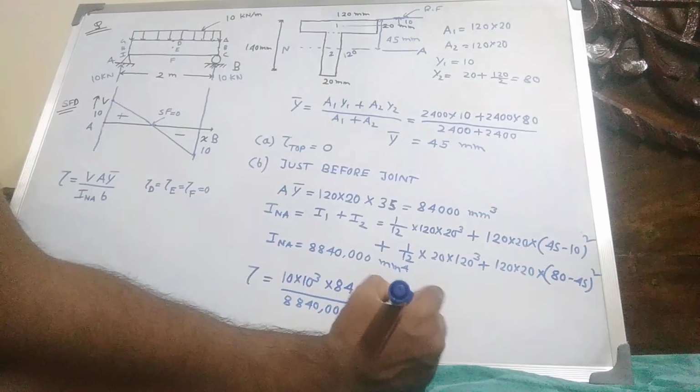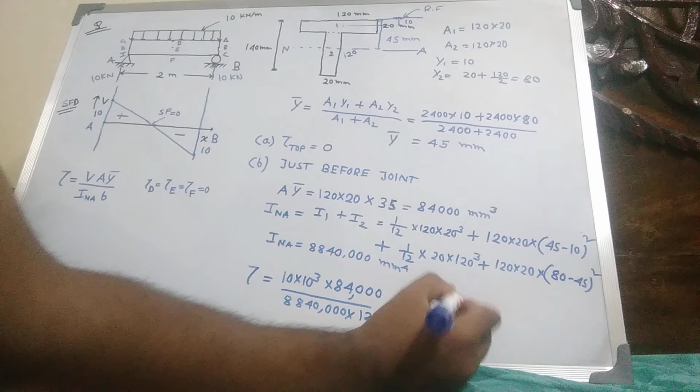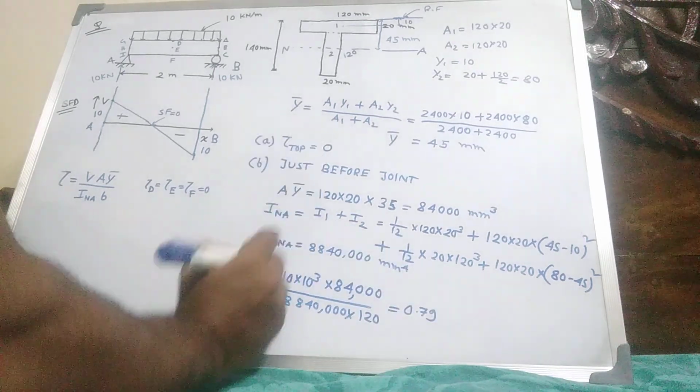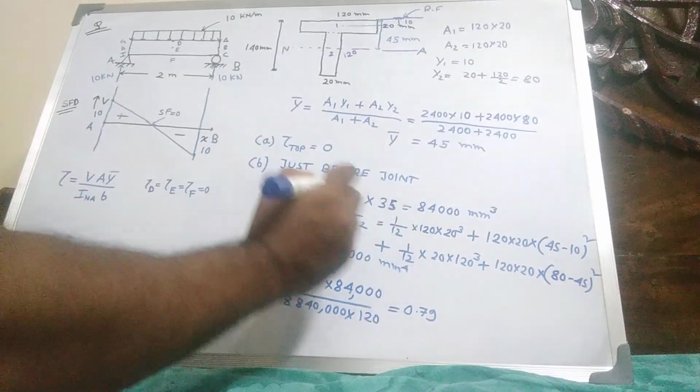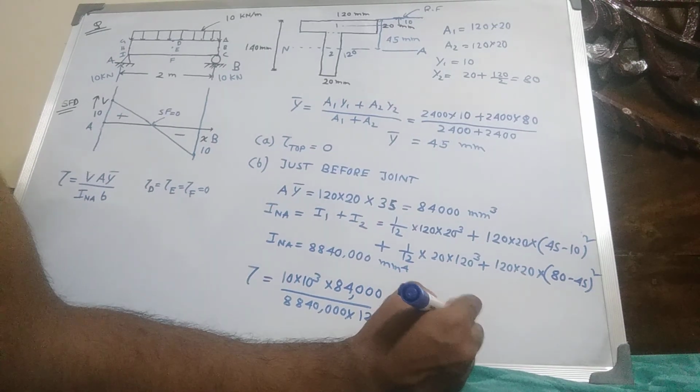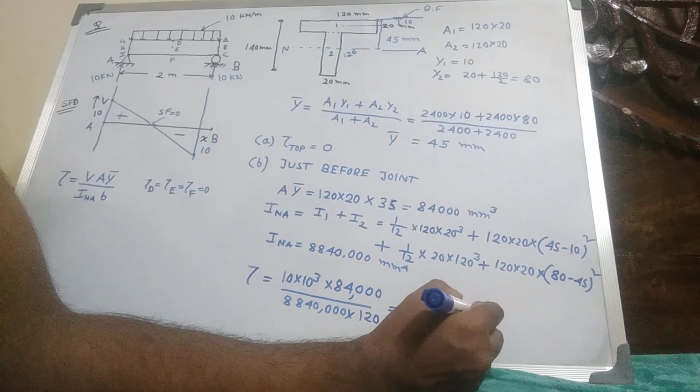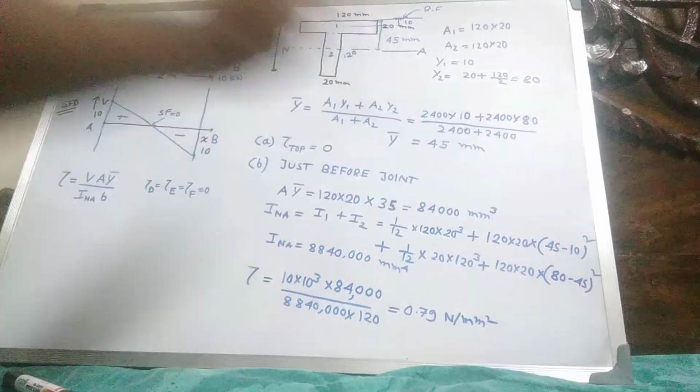The value is 0.97 Newton per millimeter square, at the top fiber just before the joint.